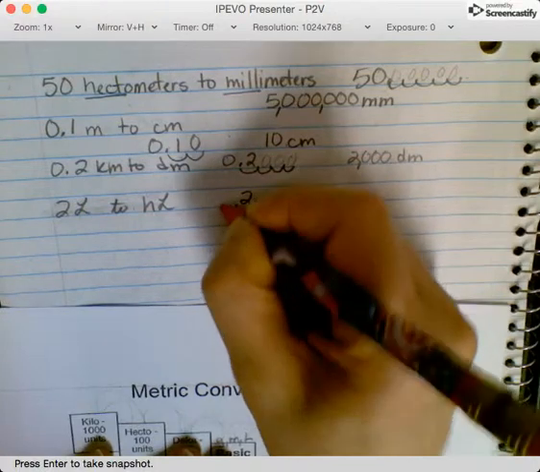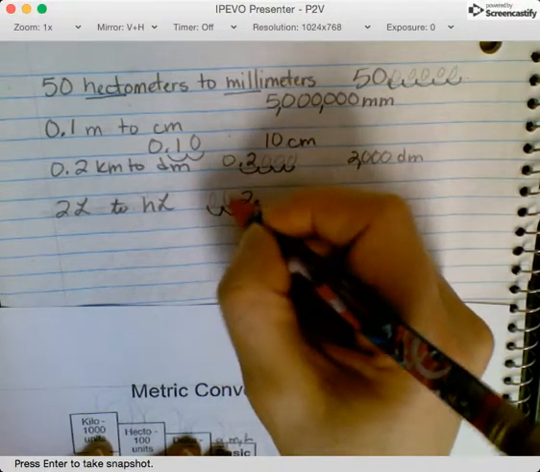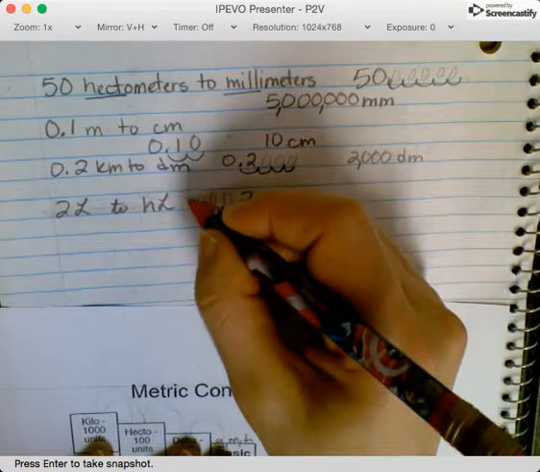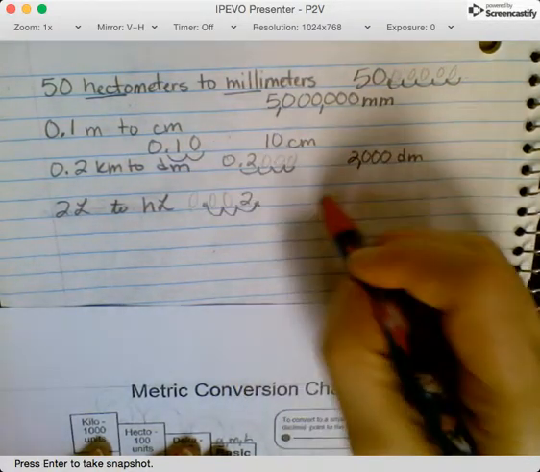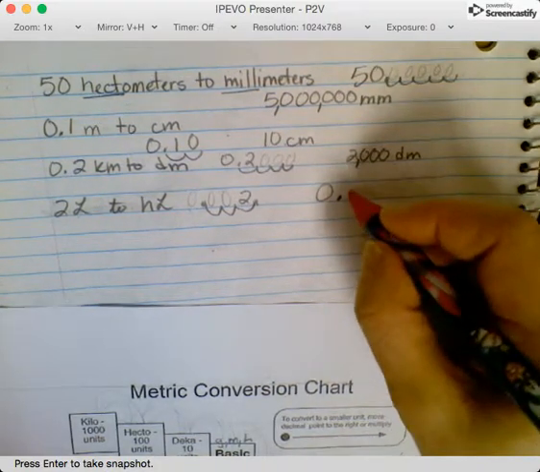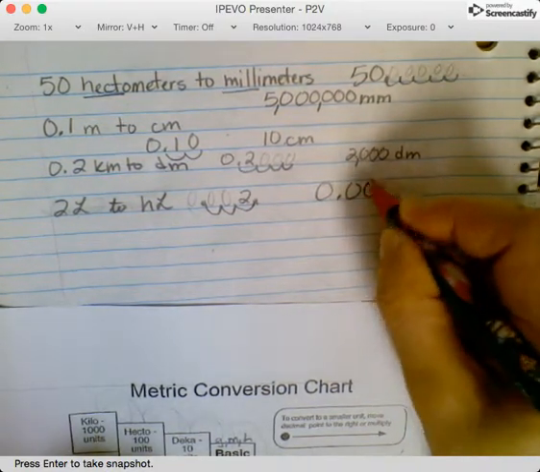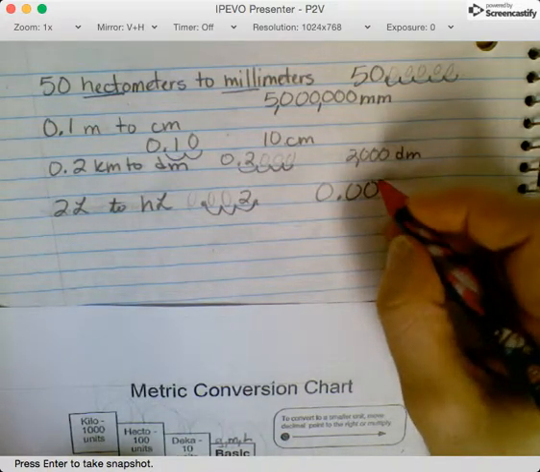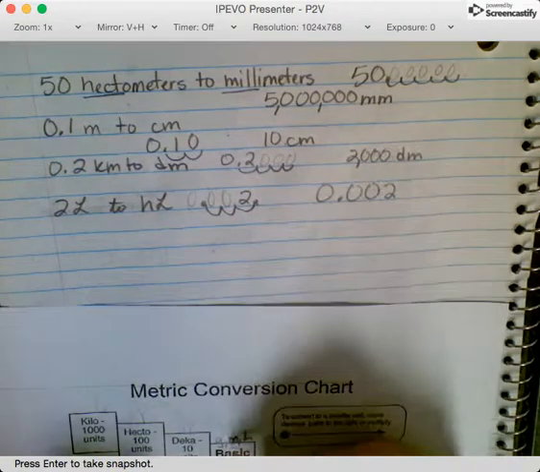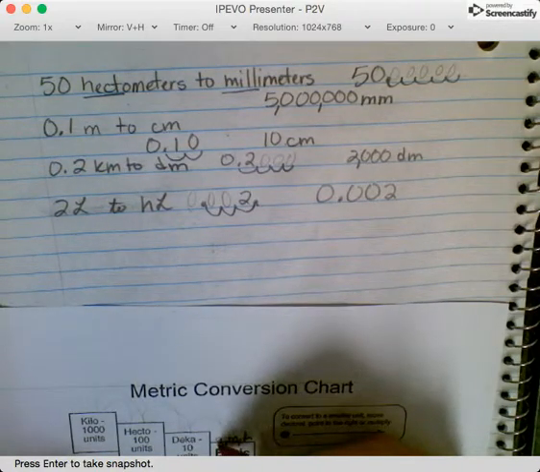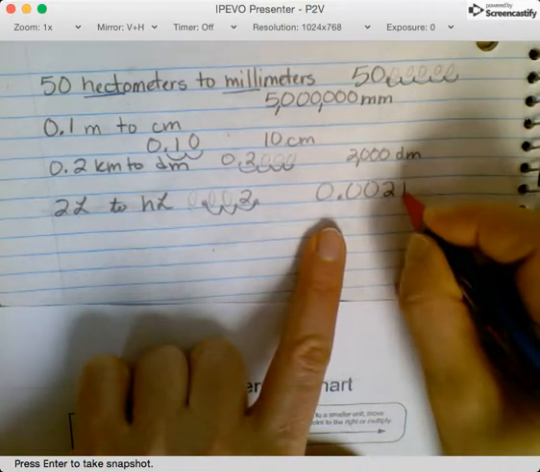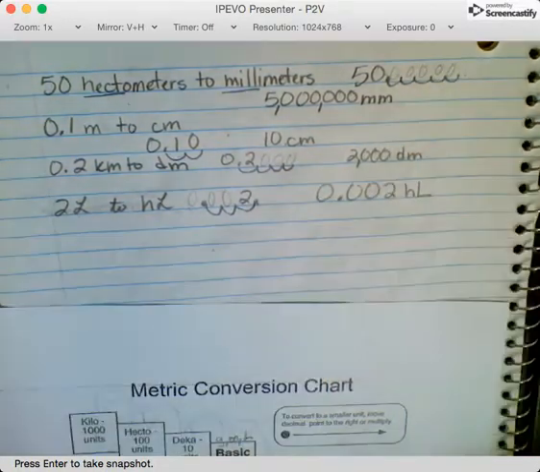I put zeros here. My decimal place is going to go here, but I always put a 0 in front of my decimal point. So I have a 0, and then 2 additional zeros, and then a 2.